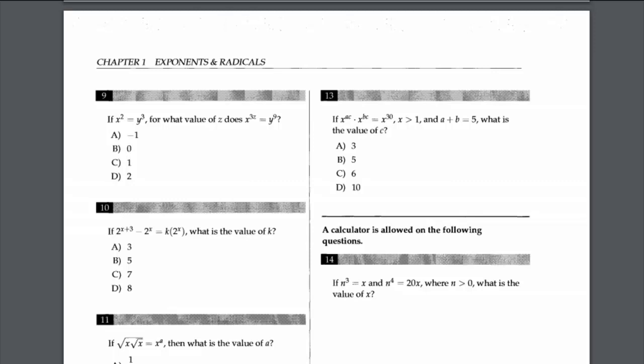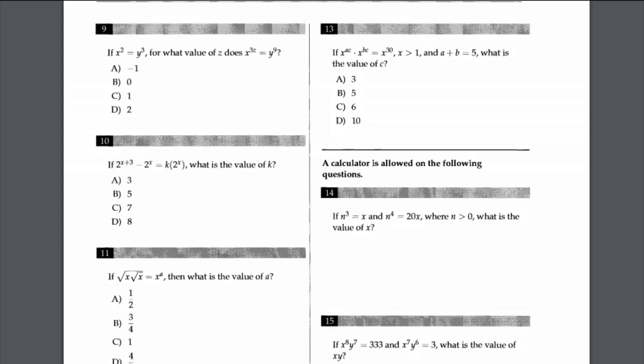And now a calculator is allowed in the following. If n to the power of 3 equals x, and n to the power of 4 equals 20x, what is the value of x? Instead of n to the power of 4, I can write n to the power of 3 multiplied by n.